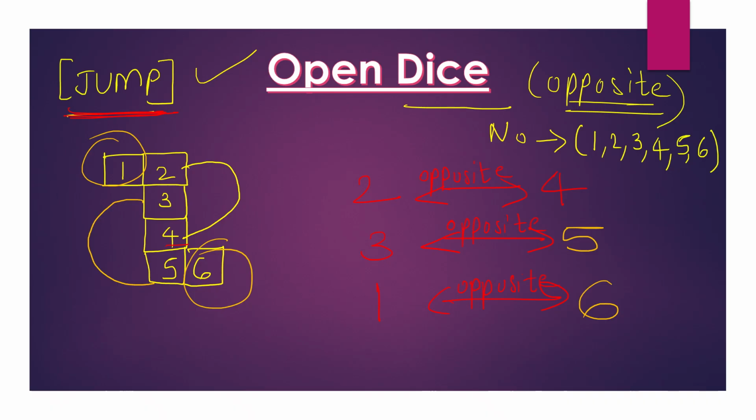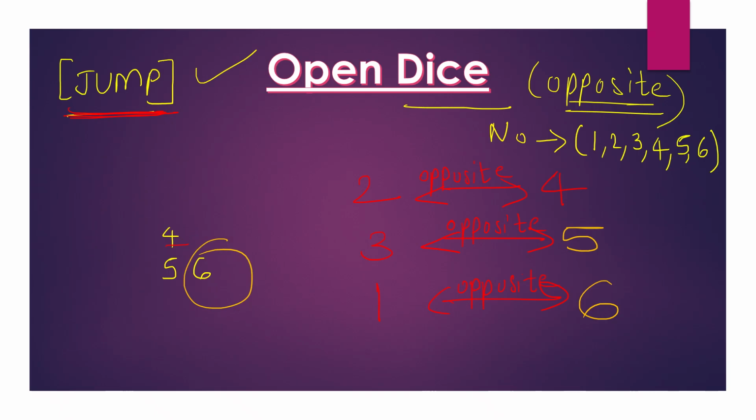So this is one type. Now the next type: remember the word jump. Jump from the block they have asked, leave one block and reach the next one. That's why you need to remember jump. One more I will show you.